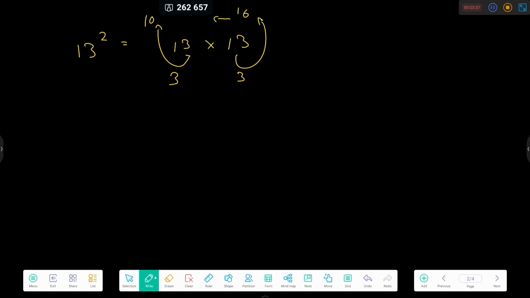So now we multiply the 16 and a 10 to give us the product of 160. Now multiply 3 into 3, which gives us 9. We add these two numbers, which gives us 169, which is the product of 13 square.